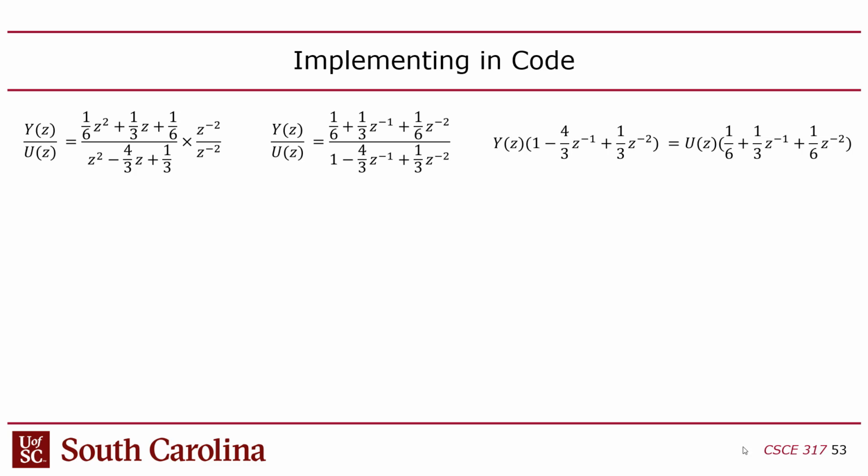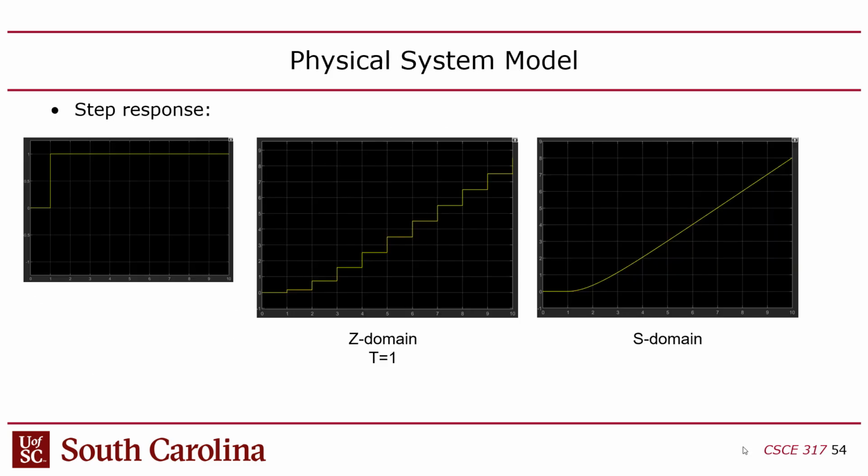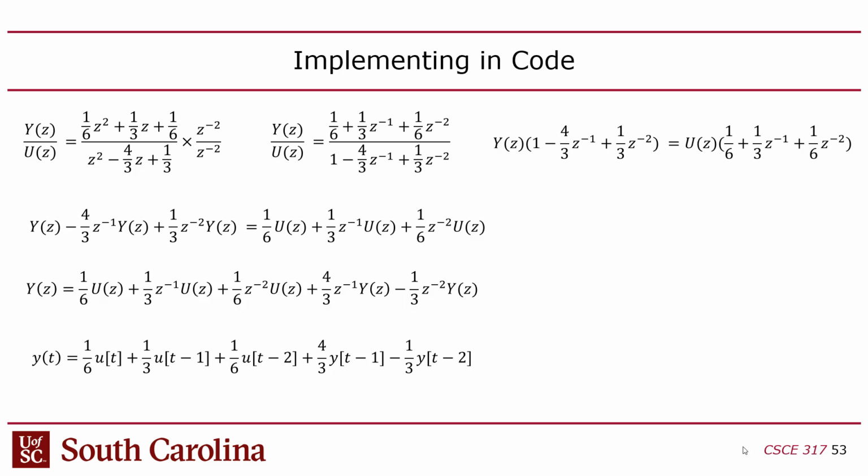So the way I did it is I pretty much had to work it out to where I got it into Y of z equals 1/6 U of z. What does that mean? That means the current u, the current input, right?